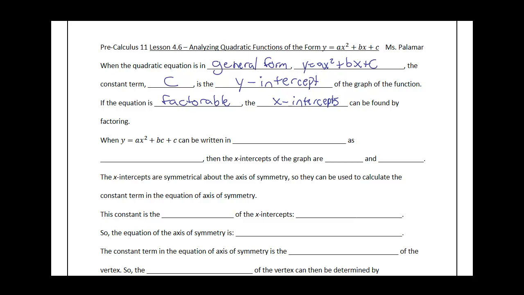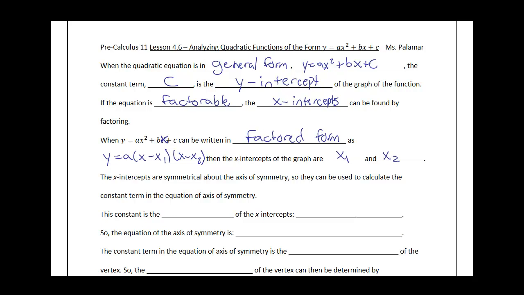Now when y equals ax squared plus bx plus c can be written in factored form as y equals a times (x minus x1)(x minus x2), then the x-intercepts of the graph are x1 and x2.